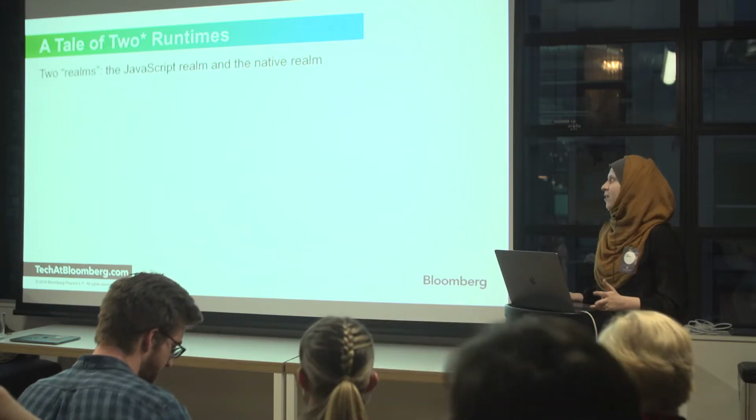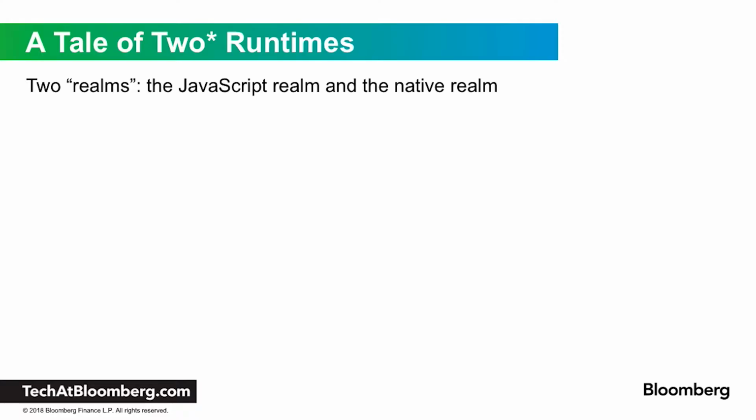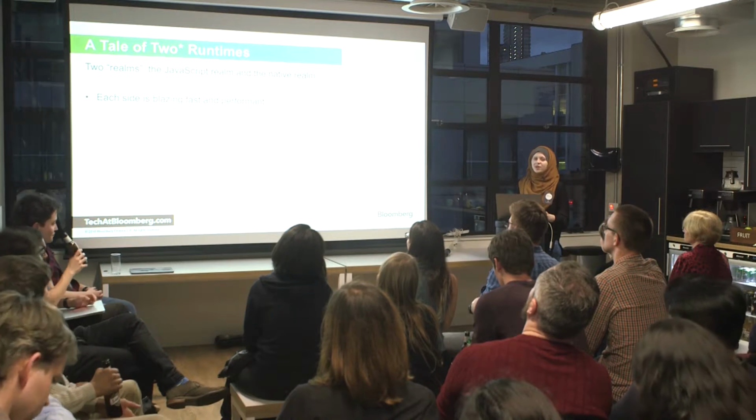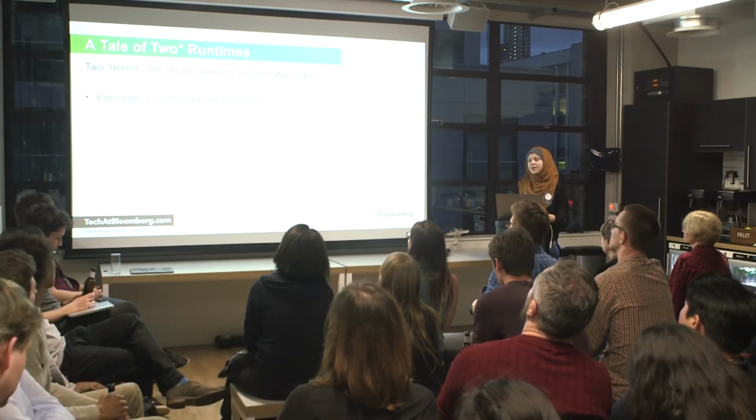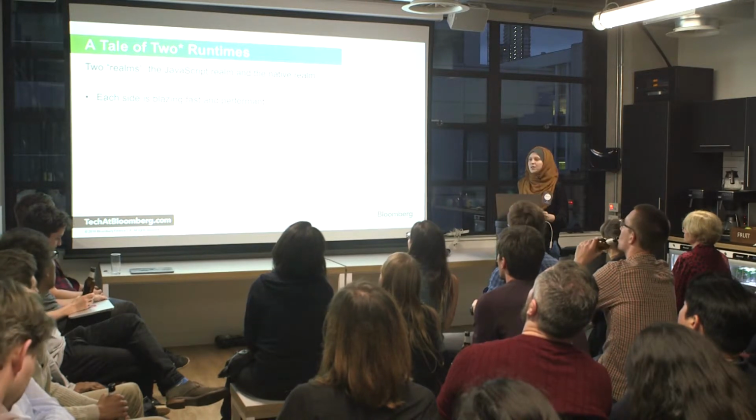You've got the JavaScript realm and the native realm. Both of those sides are really fast, they're really good at what they do, they're quite mature, and have had really expert developers working on them for years, so we don't have to worry about those too much. The thing is, those can't talk to each other directly.